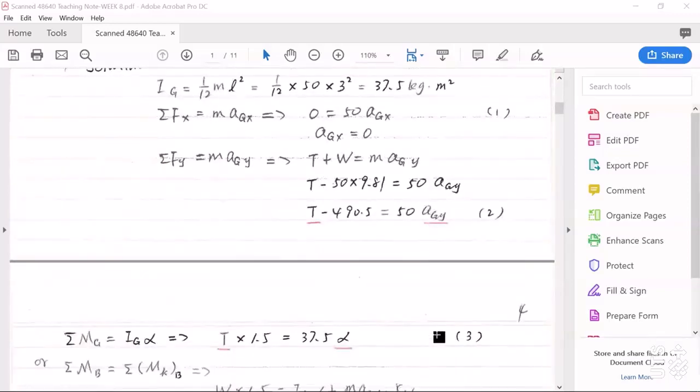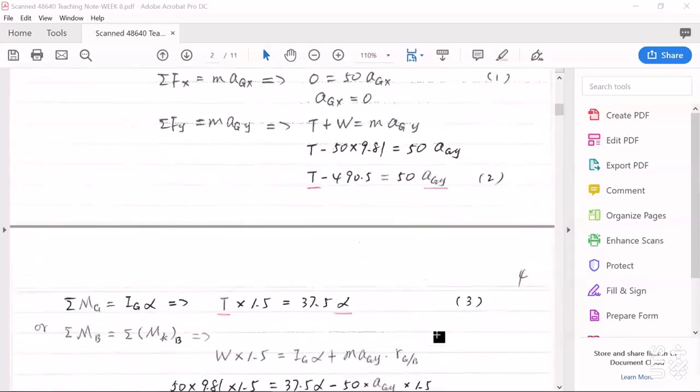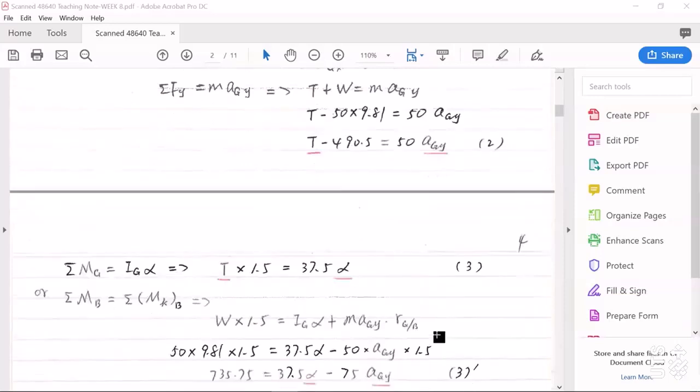Now, the third equation. This is about the rotational component. We can use point G. Then this will be our third equation. T times 1.5. This is the summation of the moment. This one on the right side, kinetic moment.